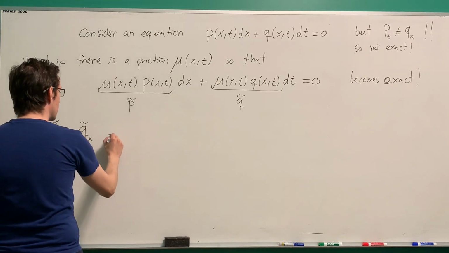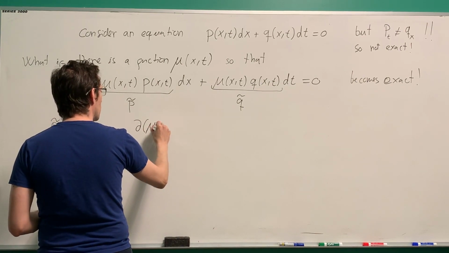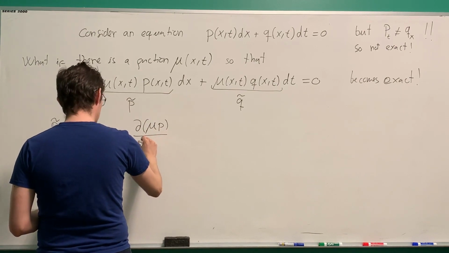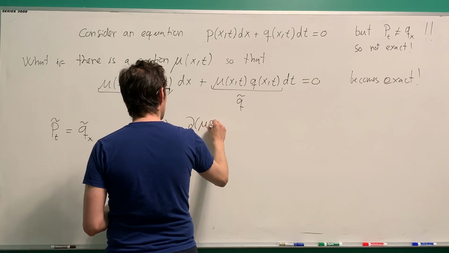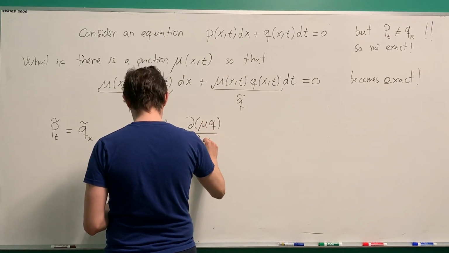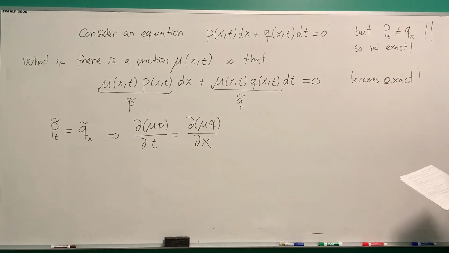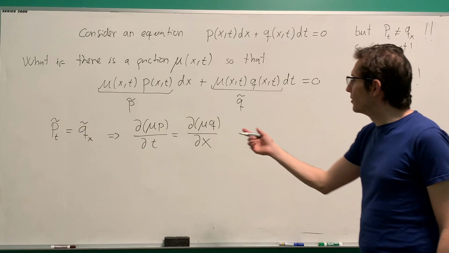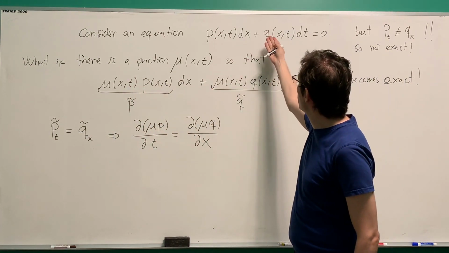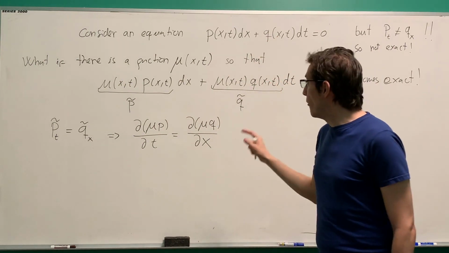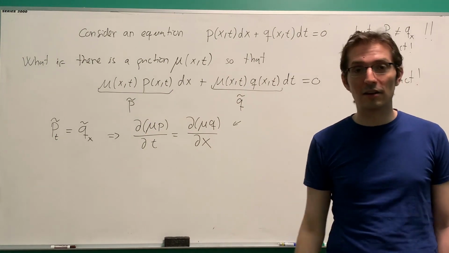If we expand this, what that means is that partial of mu p with respect to t should be equal to partial of mu q with respect to x. All right, so this is what has to happen in order for a mu to transform the original equation into an exact equation.